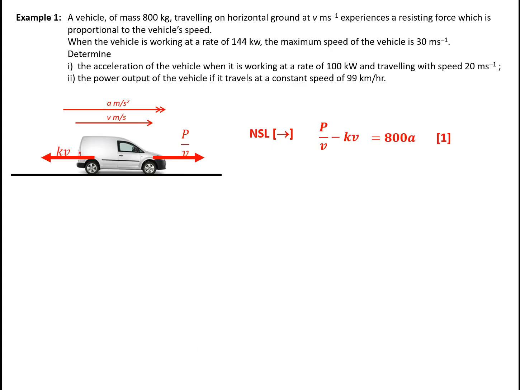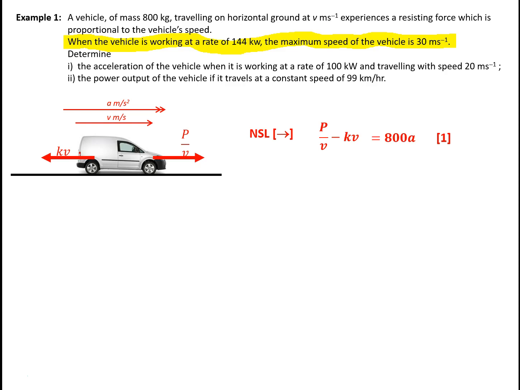So, we know that when the vehicle is working at a rate of 144 kilowatts, the maximum speed of the vehicle is 30 meters per second. So, if I put V equals 30 and P equals 144,000, now be careful, we must express P in watts. We've been told the vehicle has a power of 144 kilowatts, so that means that P is 144,000.